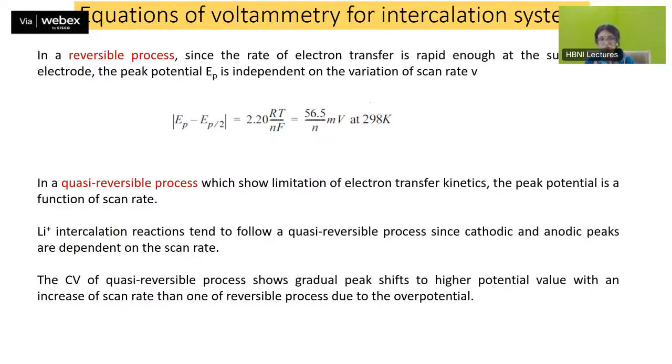Now the lithium intercalation reaction is basically a quasi-reversible process, because the cathodic and the anodic peaks, as you can see, depend on the scan rate. So as you change the scan rate, the position and the value of that peak is going to change. The CV of a quasi-reversible process shows a gradual peak shift to higher potential value with an increase of scan rate, compared to a reversible process, and this is due to the overpotential which is developed.